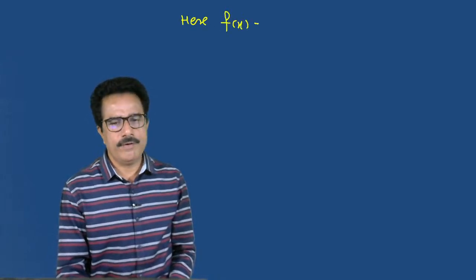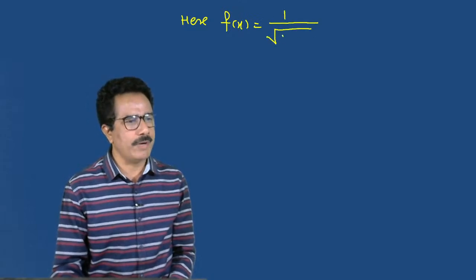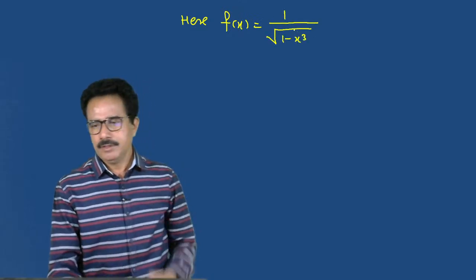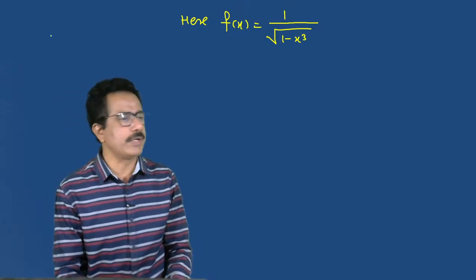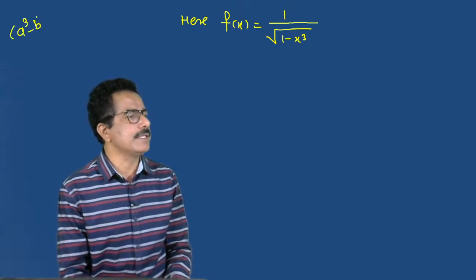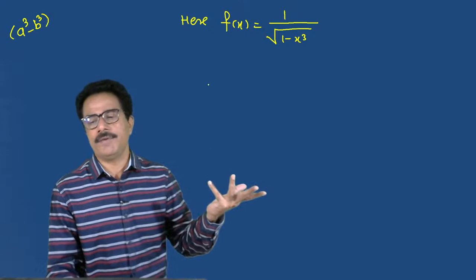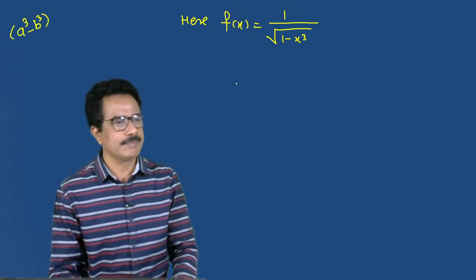Now see this, f of x is equal to 1 upon root of 1 minus x cube. Students, you tell me what is the formula for a cube minus b cube, because we can use that formula for this function.